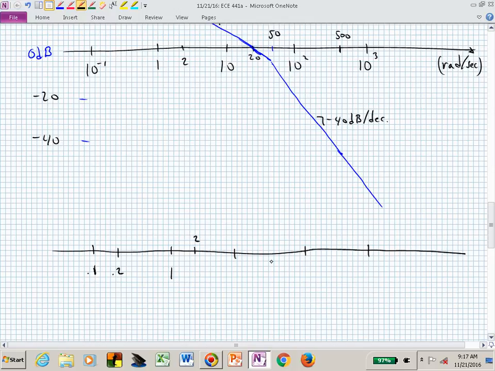And this is now 10, so this is 20. Then I change something at 5, and that's supposed to be a flat curve, but 50 out to 500.